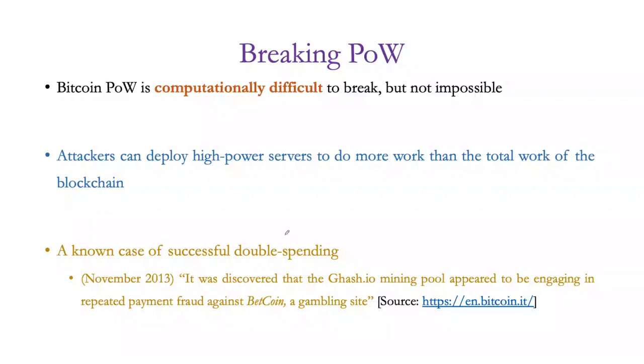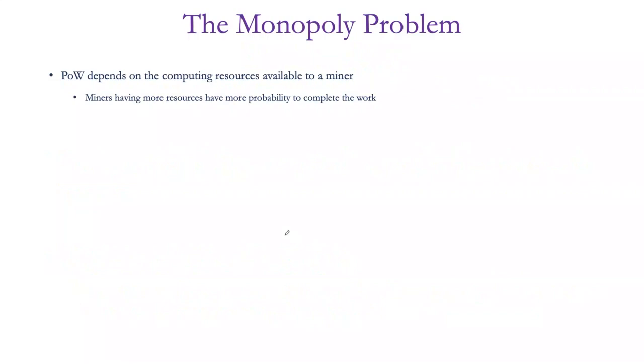Then comes another case, the monopoly problem in the public ledger or the distributed consensus algorithm. That is, this proof of work depends on the computing resources which are available to the miner. What is the computing power of the processor? What is the storage power of the processor? How much energy is consumed?